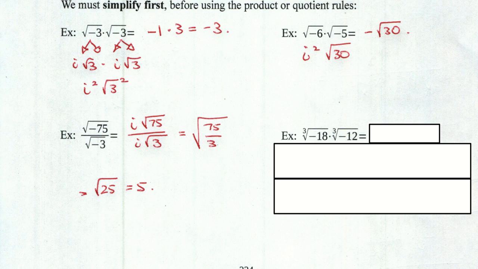Okay, now all this is good, but we need to remember where we've been. And where we've been is that we already know that sometimes you can take the root of a negative number. And you can do that if the index is odd. So here are two cube roots. And so before we do anything, just look at that and convince yourself that this has nothing to do with imaginary numbers.